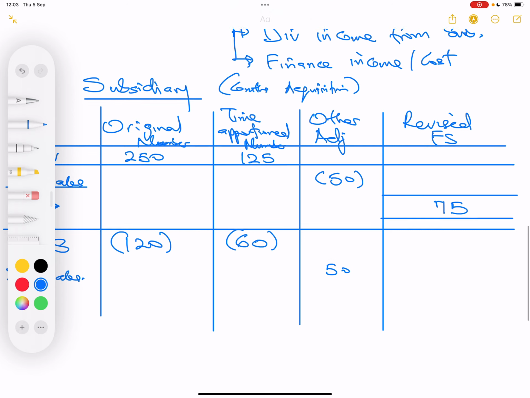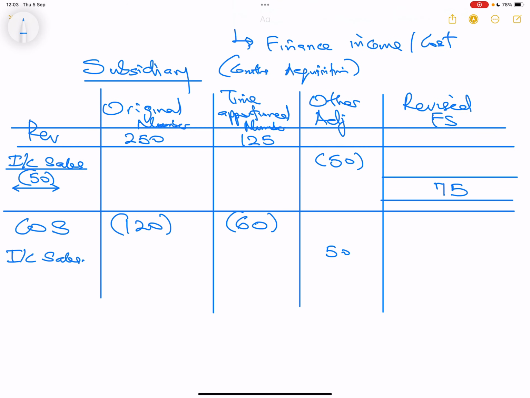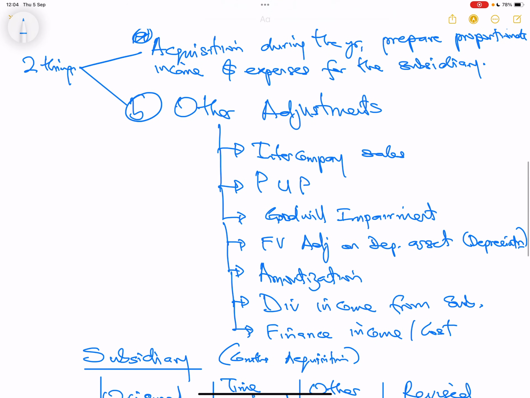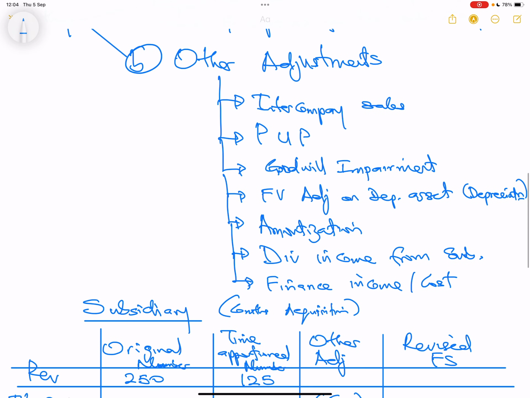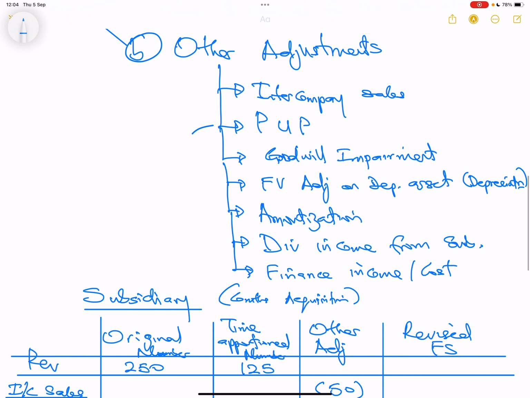Right. So the other things to take away, we'll give some examples of things that might affect our financial statement. So we've dealt with this, you know how to deal with intercompany sales. The same figure, you take it away from revenue and from cost of sales, preferably from the seller's financial statement, please. But make sure you take it from the same financial statement.